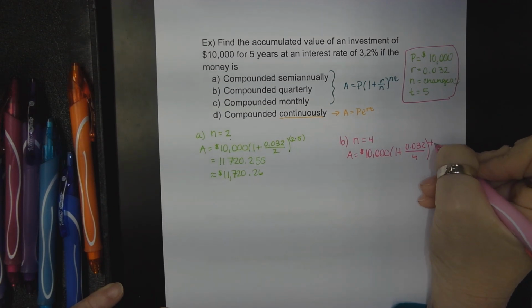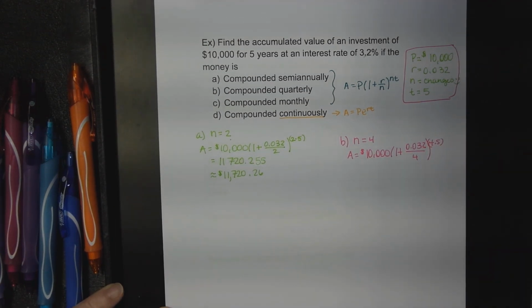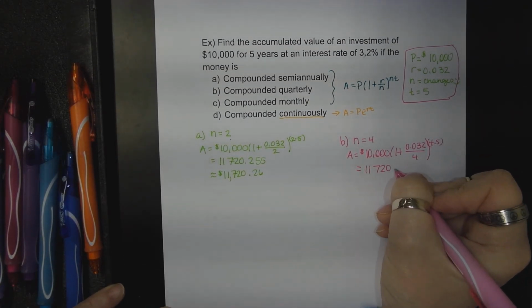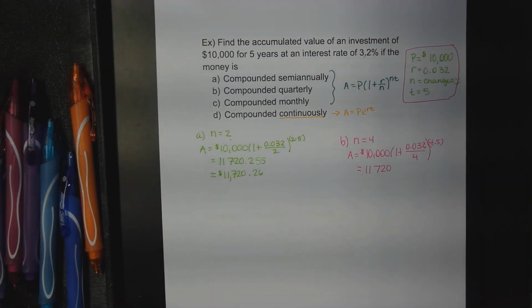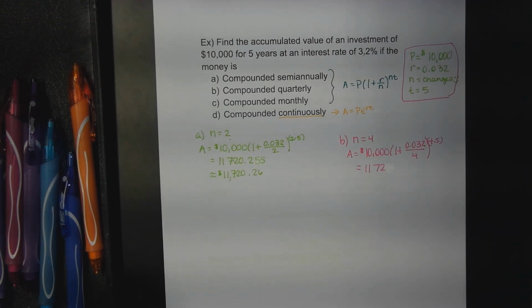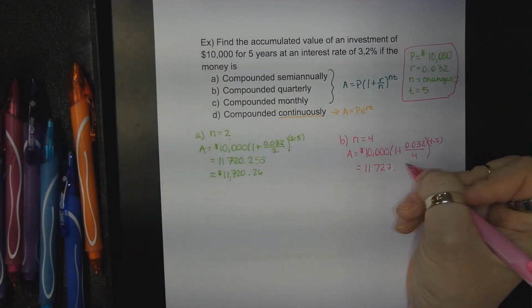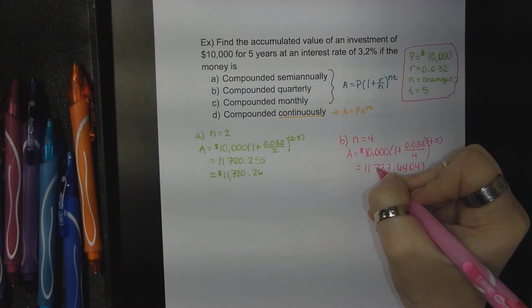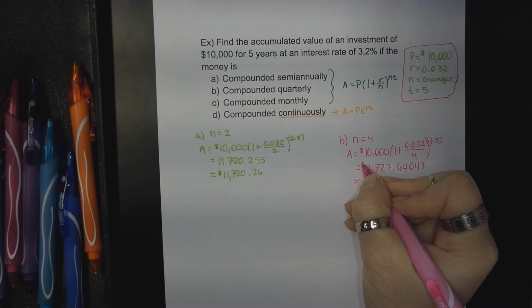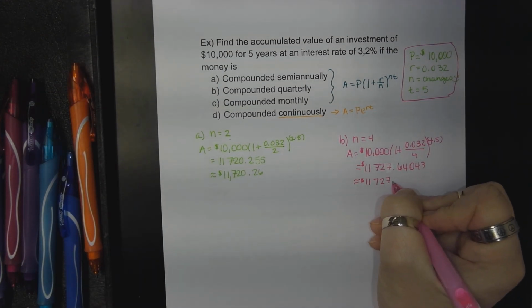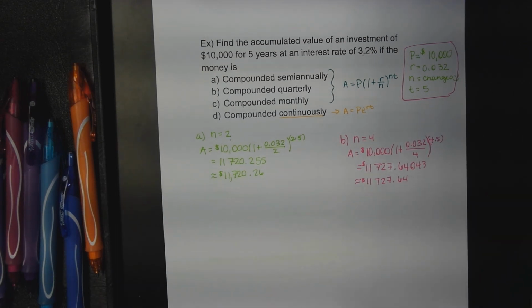And 4 times 5 is our power. Okay. So that equals 11,727.043. And once again, we're dealing with money, so it'll be $11,727.04.